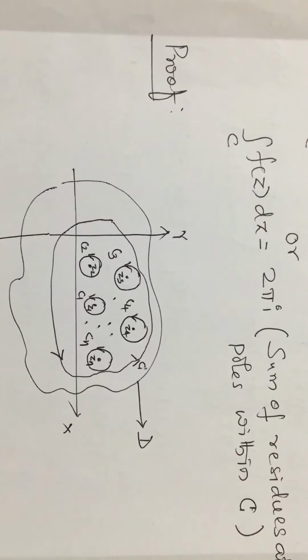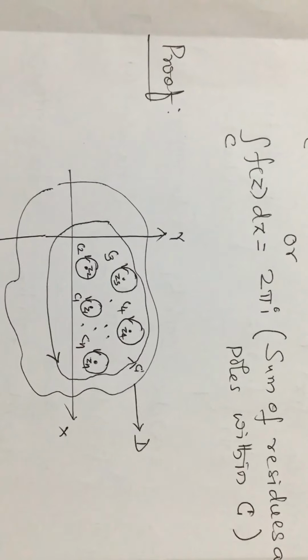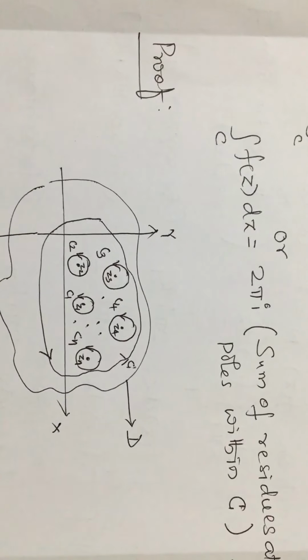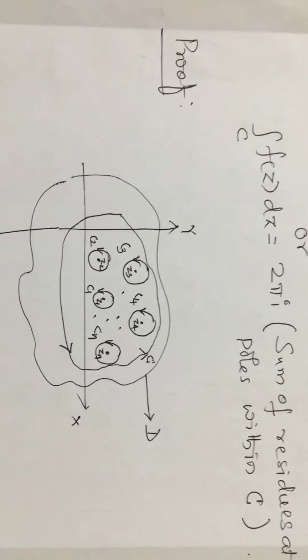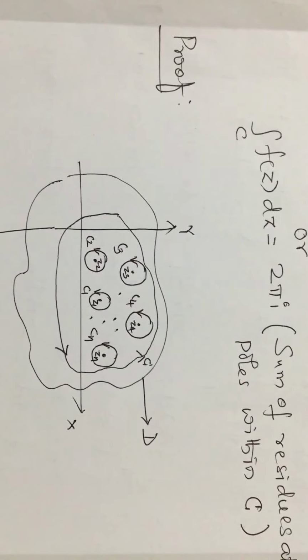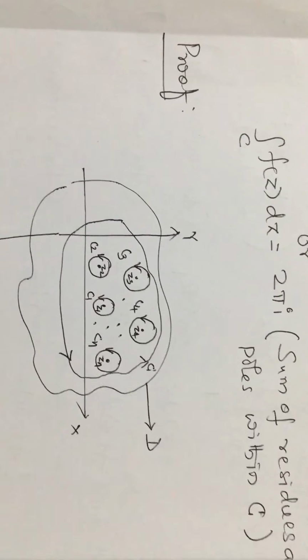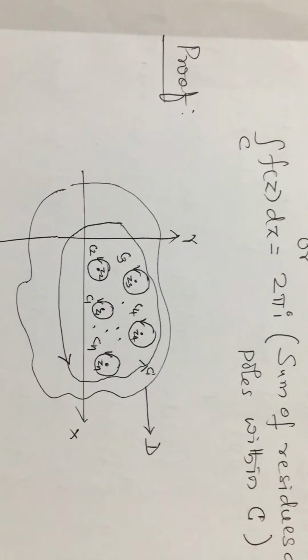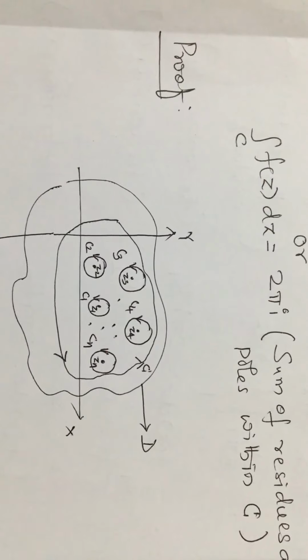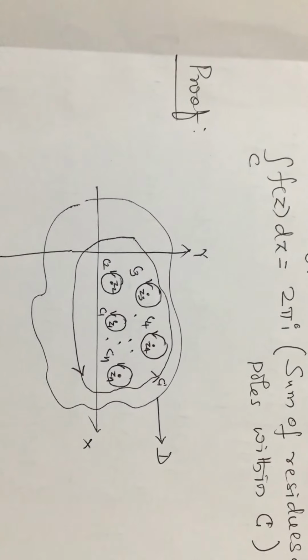Now, there is C1 having z1 as its center, C2 having z2, C3 having z3. Similarly, we consider up to Cn and zn. Cn is the nth contour, with center zn.